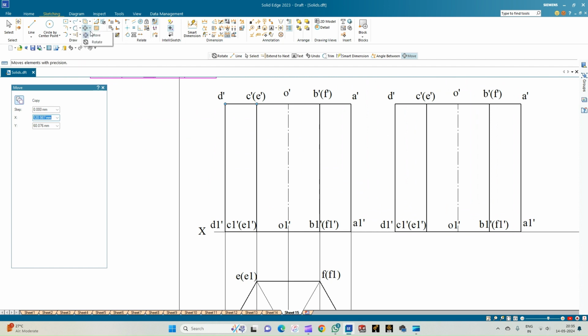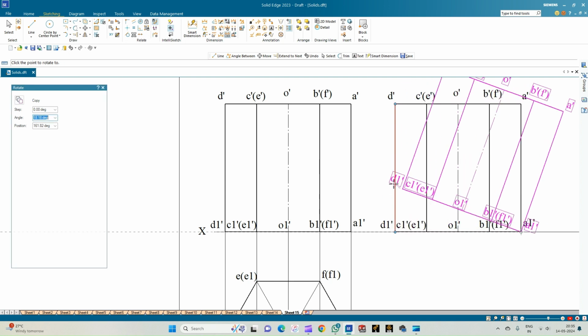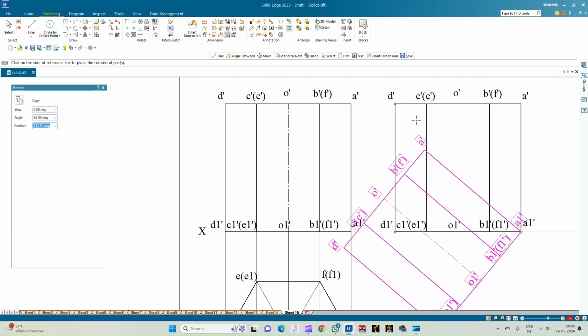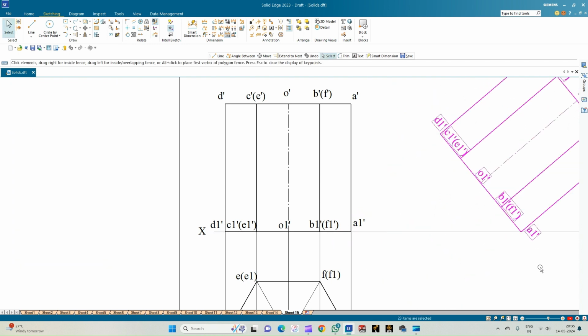So now we have to rotate the base of the prism in such a way that the axis will be appearing to be inclined at an angle of 40 degrees. So for that, let us select the base, that is A1 dash, and then D1 dash as the reference points, and then incline this at an angle of 90 minus 40 with respect to the HP.